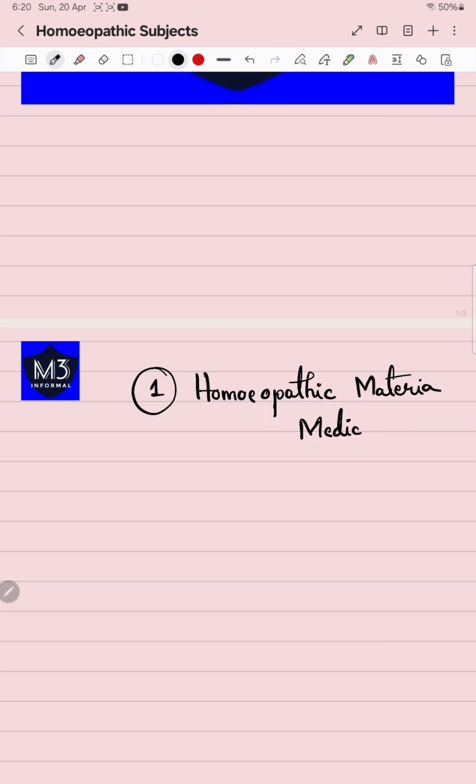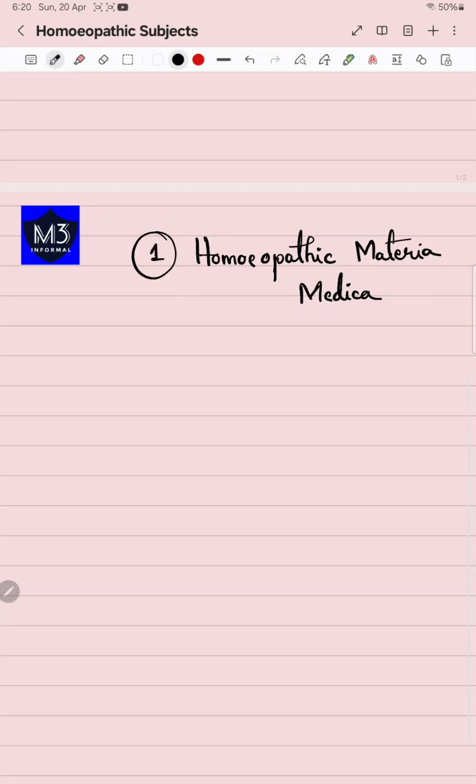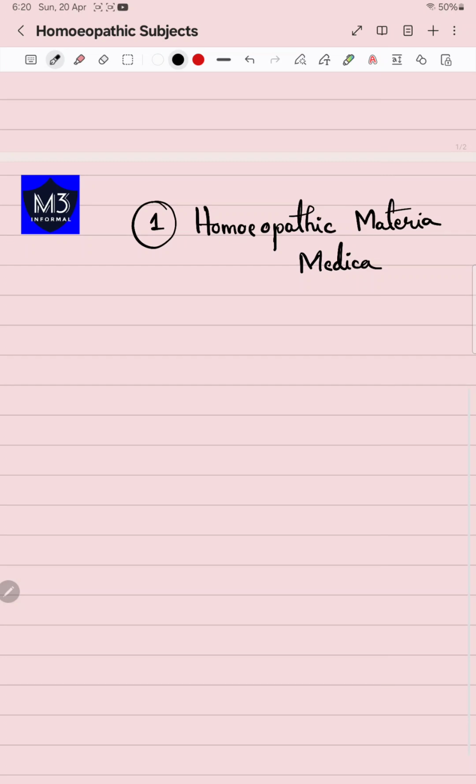So, this is a vast subject because there are lots of materia medicas, and each drug has numerous symptoms, and it is an endless subject. So, for the exam purpose, for the AIAPGT, you have to focus on these points.